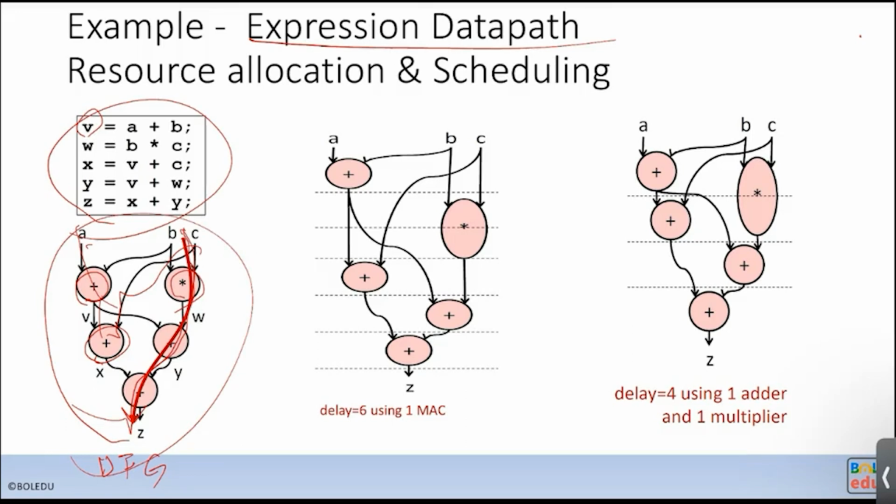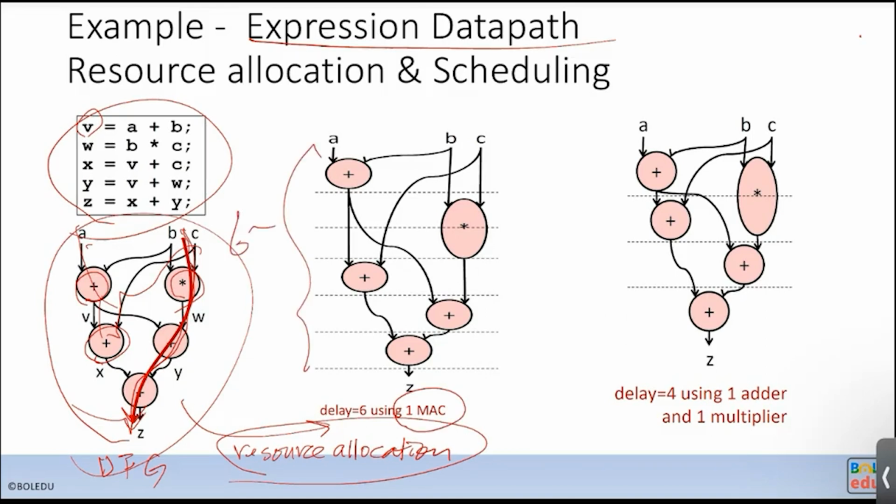Then, depending on how many resources you have, this is resource allocation. When you do the resource allocation here, if you specify that you have only one operator to use, then you rearrange the data flow and find out that you need 6 cycles, because you have only one operator available.